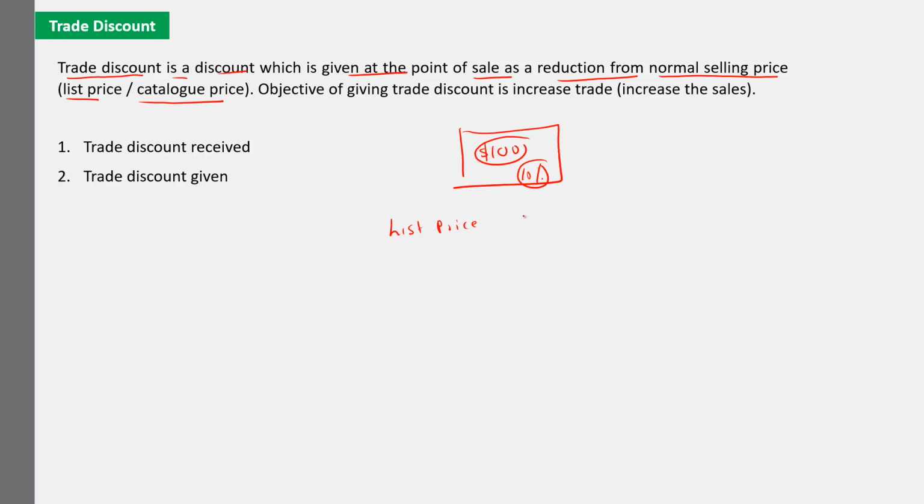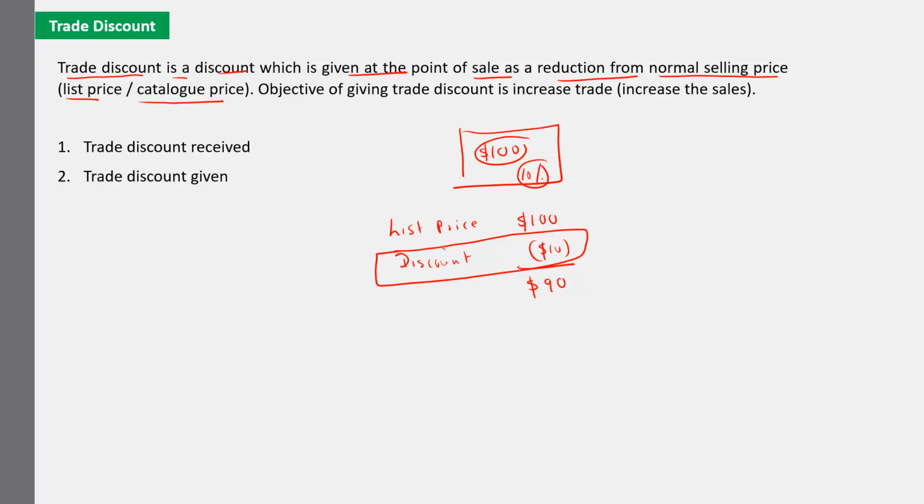So the list price is $100, and they are telling you will get a 10% discount when you purchase this table. So this discount is 10%. 10% means a $10 reduction. So the final price that you will have to pay is $90. The discount that you received here, we will call a trade discount.